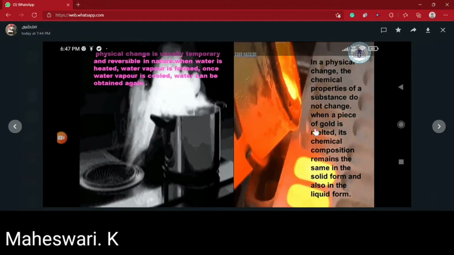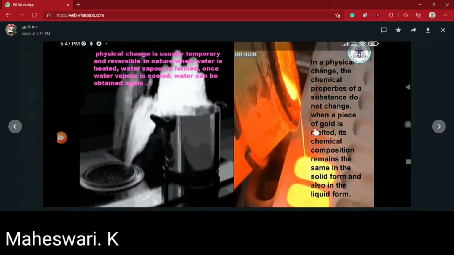Next, in a physical change, the chemical properties of a substance do not change. When a piece of gold is melted, its chemical composition remains the same in the solid form and also in the liquid form.